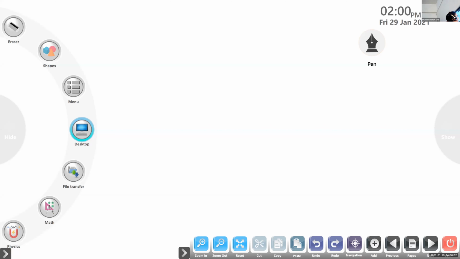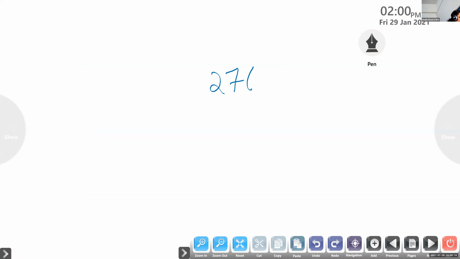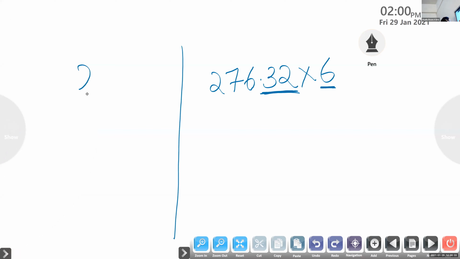Yes, ma'am. Children, 276.32 multiplied by 6. See, children, here only 2 digits. So how many digits will be there after the decimal point in the product? 2. Here there is only a whole number. So what do you have to do? 27632.